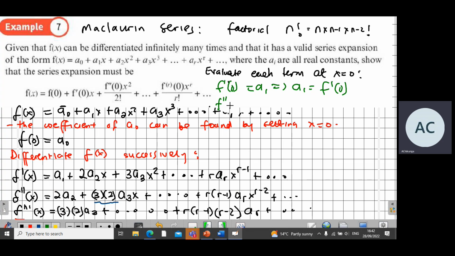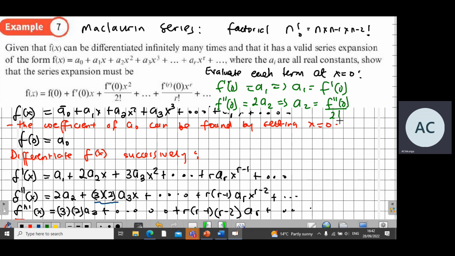Then f double prime of 0 is equal to 2a2, suggesting that a2 is equal to f double prime of 0 over 2.